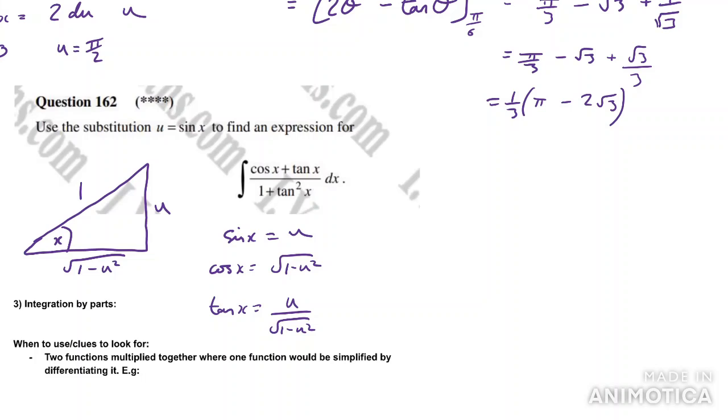So u is sine x, so du dx equals cos x. So du is cos x dx. Okay, so in other words, dx is du over cos x, or du over root 1 minus u squared.